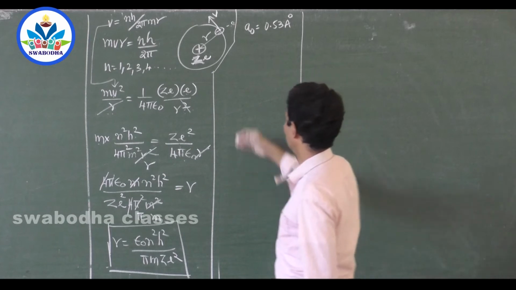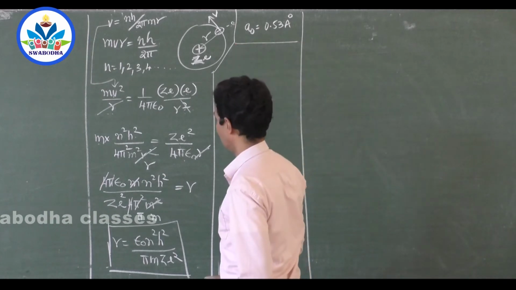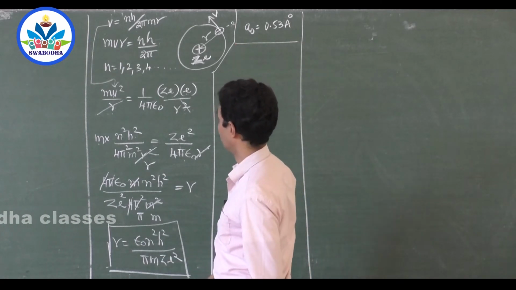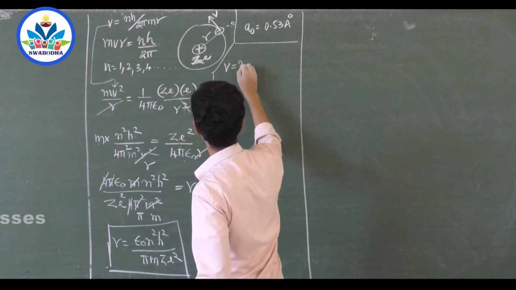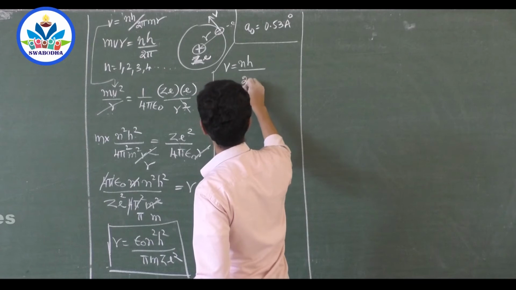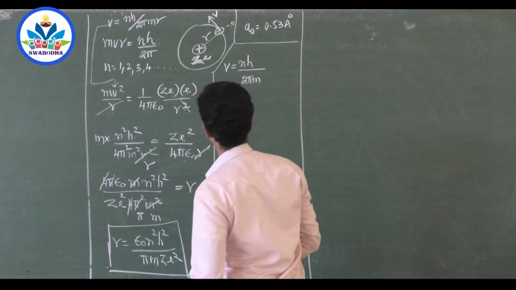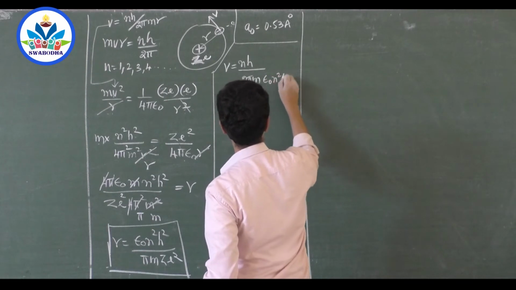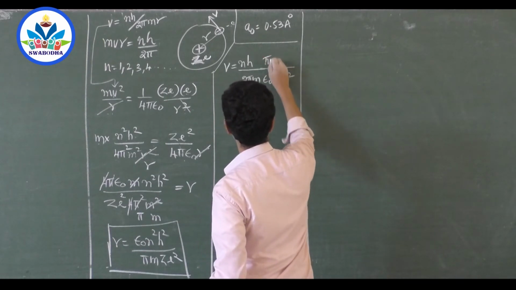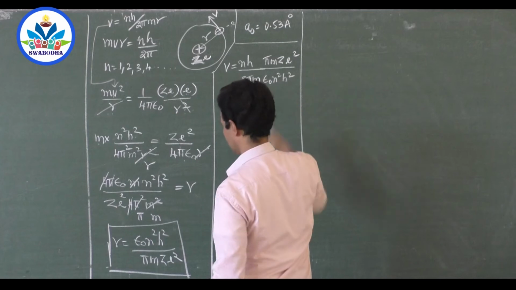Okay. Then I want velocity. How do you get velocity? Substitute the formula for r in the velocity equation. v is equal to nh by 2 pi m r. What is radius? Radius is this one, epsilon naught n square h square divided by pi m z e square. Correct?